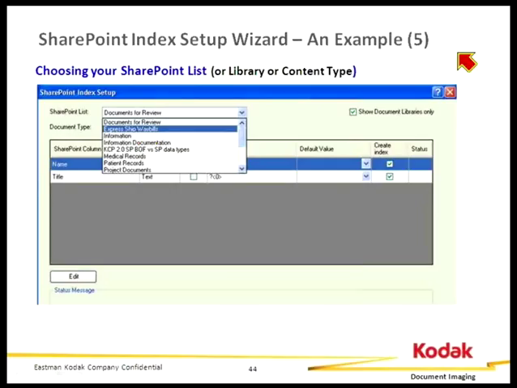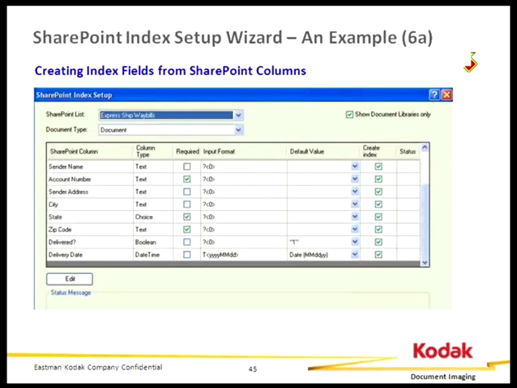After I do that, the first thing I need to do is create index fields from SharePoint columns. So what's going to be displayed here are all of the SharePoint columns that it considers to be meaningful metadata columns. There's lots of other columns in a SharePoint library. There are a lot of overhead columns, or columns that contain information that's really only pertinent to SharePoint.